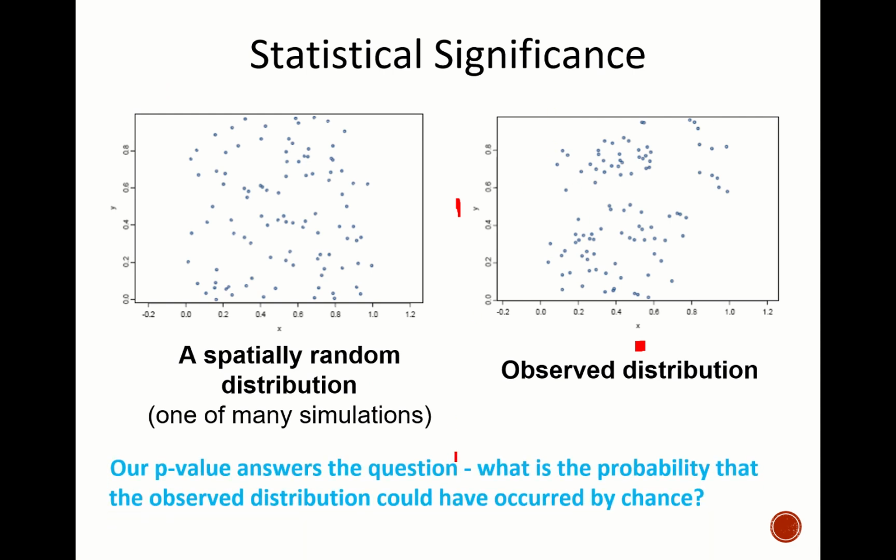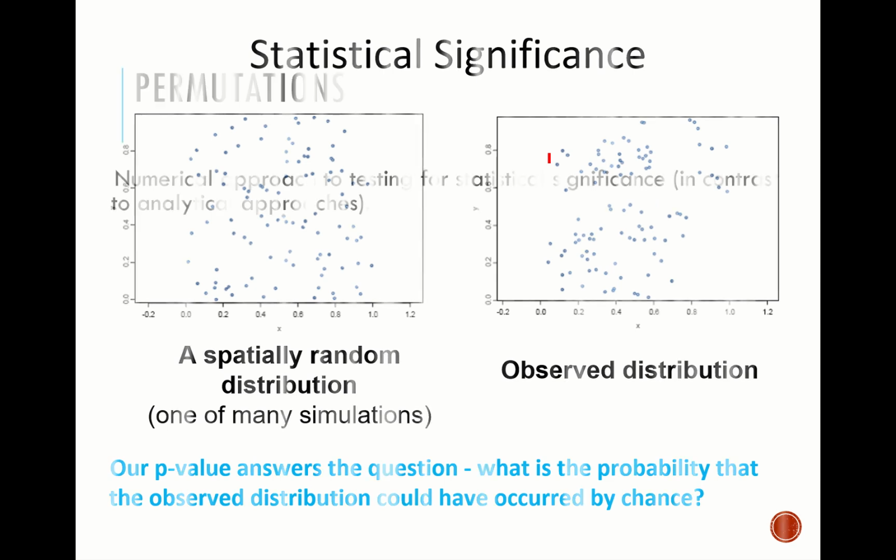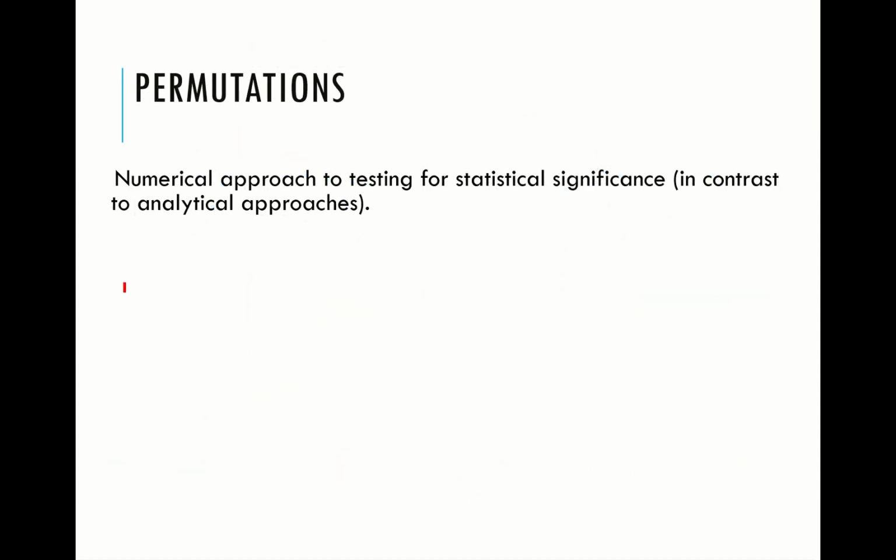Based on that comparison, it calculates the p-value. Your p-value tells you the probability that you would see your observed spatial distribution simply by chance. So the lower the p-value, the more likely that you have significant autocorrelation, whether positive or negative.